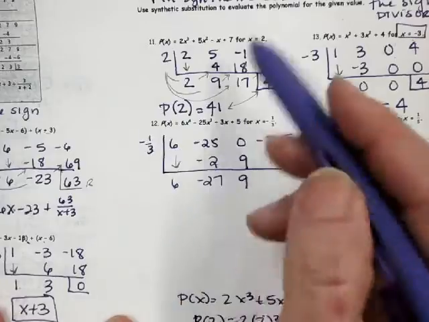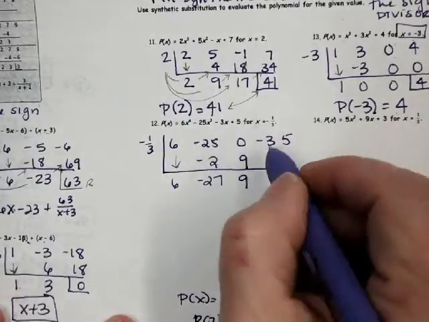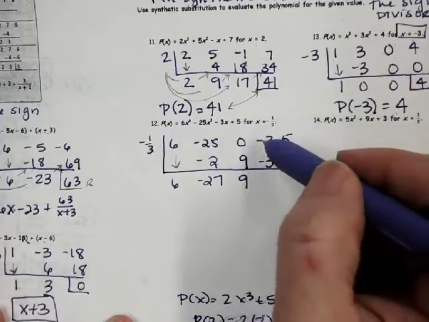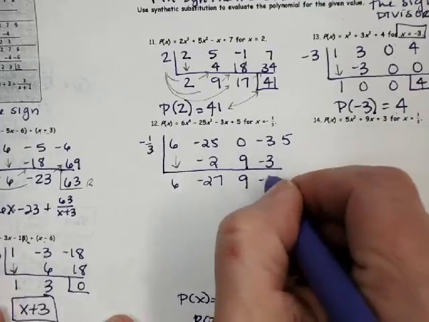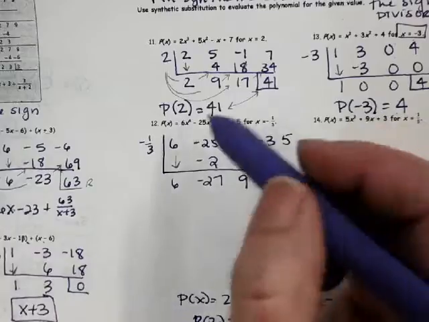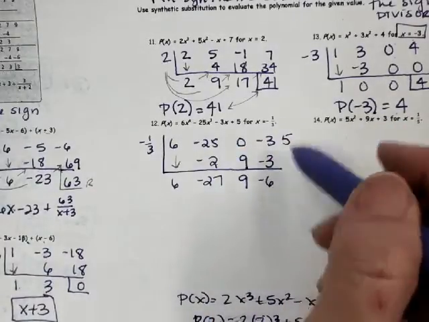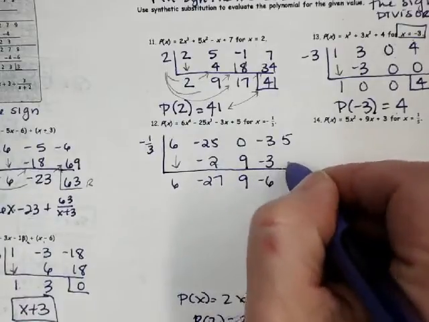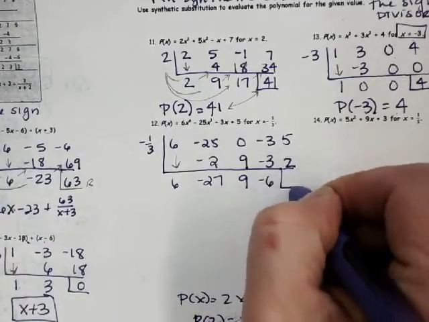Negative 1/3 of 9 is negative 3. Negative 3 and negative 3 is negative 6. And negative 1/3 of negative 6 is positive 2. And 5 and 2 gives me 7.